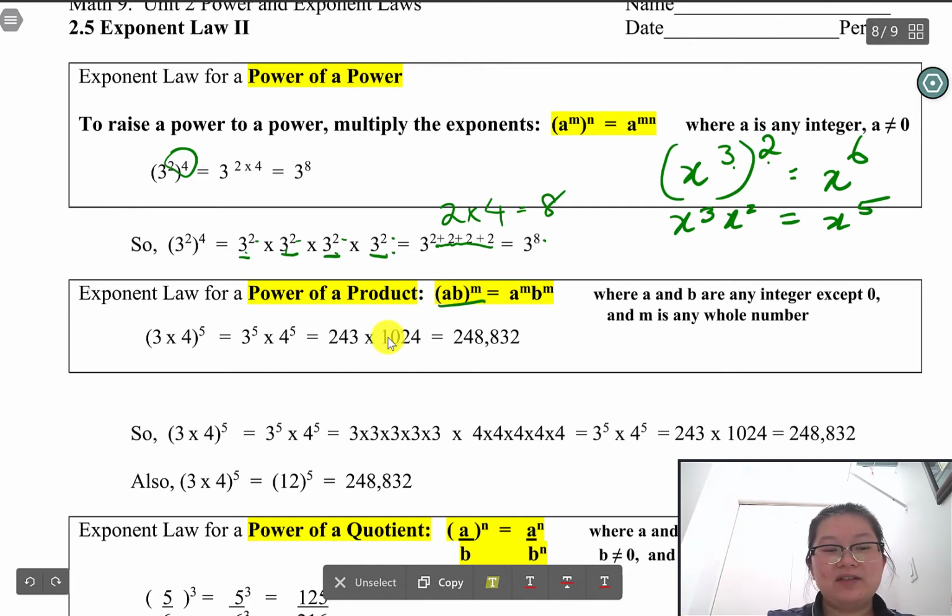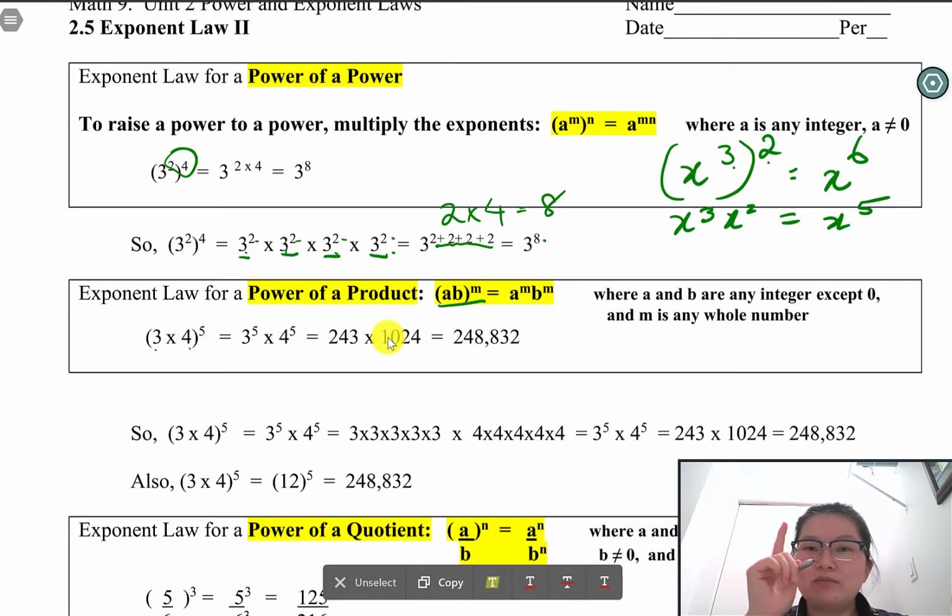Here we have an example where I have 3 times 4, then raised to the power 5. Anything that is multiplying or dividing inside the brackets, we have to apply the exponent to every single thing. So that means 3 to the power 5 times 4 to the power 5, evaluate that, multiply that out, etc.